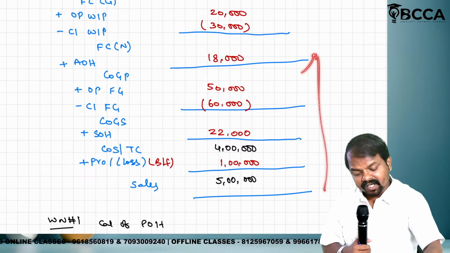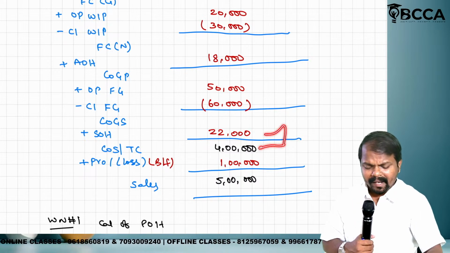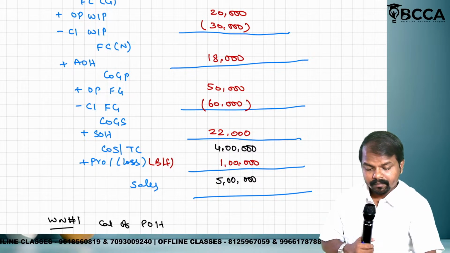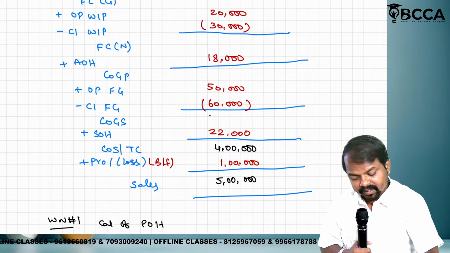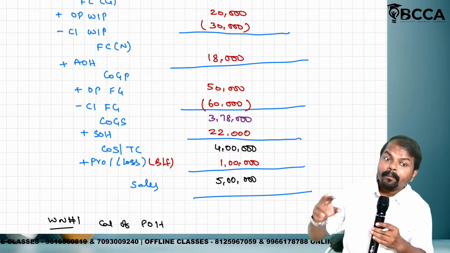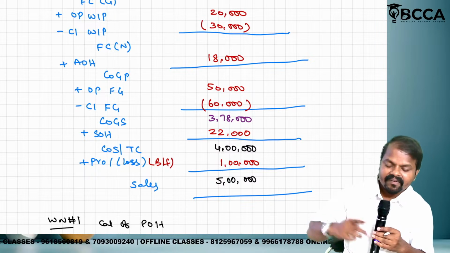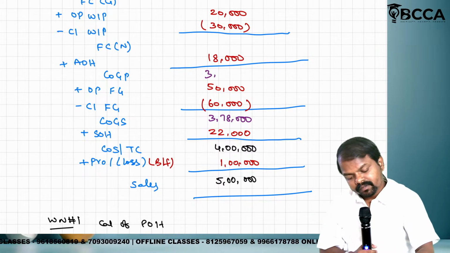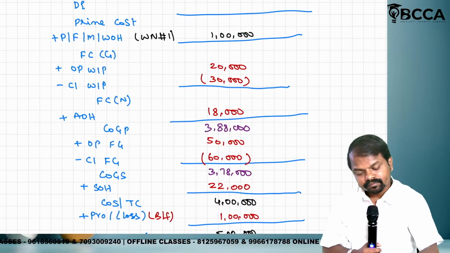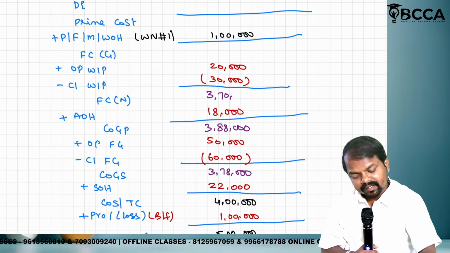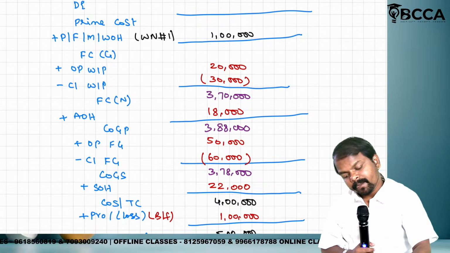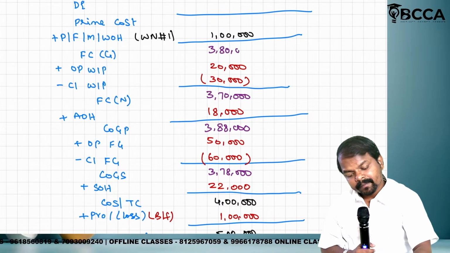Go by reverse order. 4 lakh minus 22,000. Come on. 3 lakh 78,000, plus 60 minus 50. 3 lakh minus 18,000. 3 lakh, plus 30 minus 20. 3 lakh.